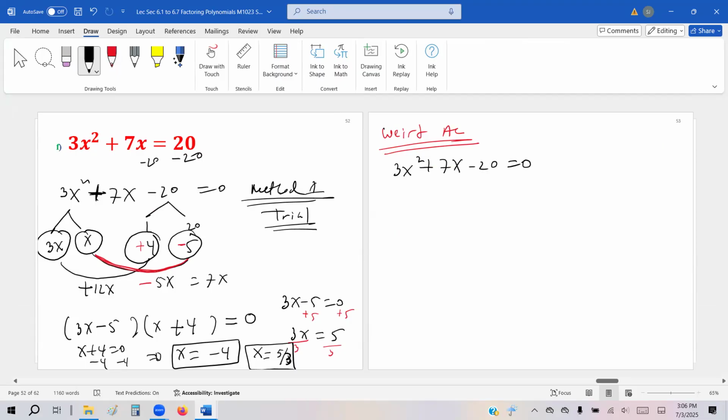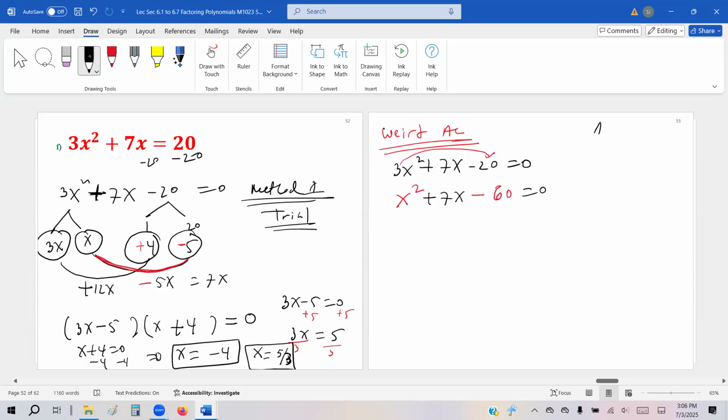So the first weird stuff we do is we don't write the 3, we write simply x squared. x squared plus 7x. And the next weird stuff is instead of writing 20, we write 20 times 3, the AC, which is 60.